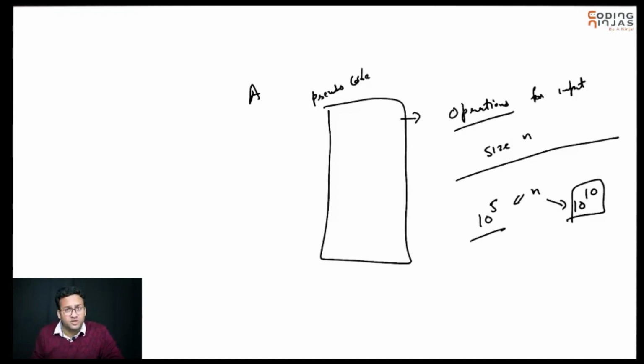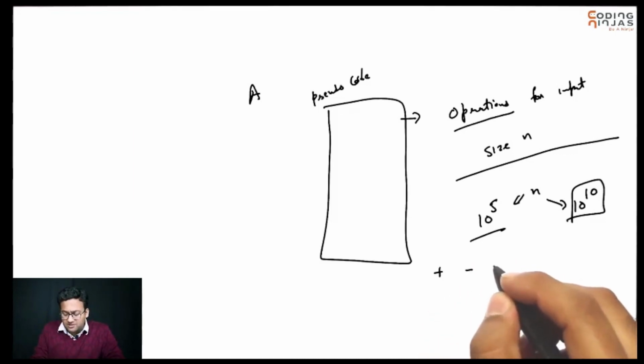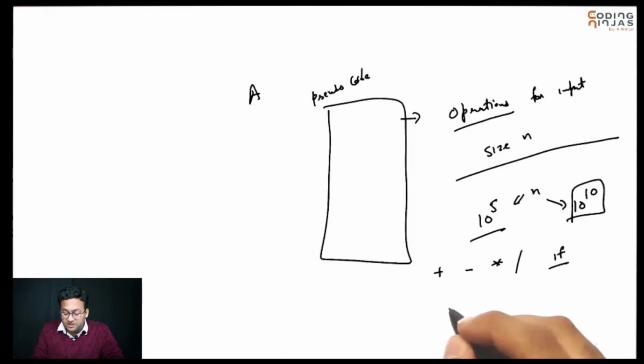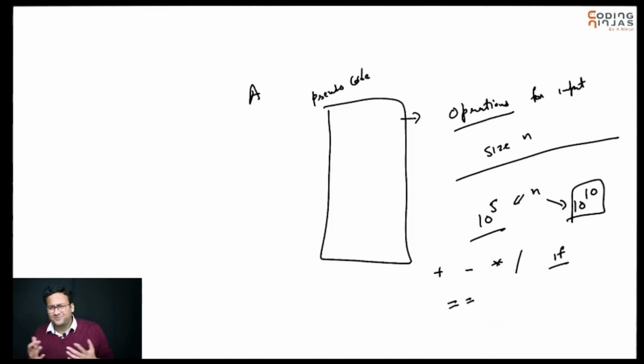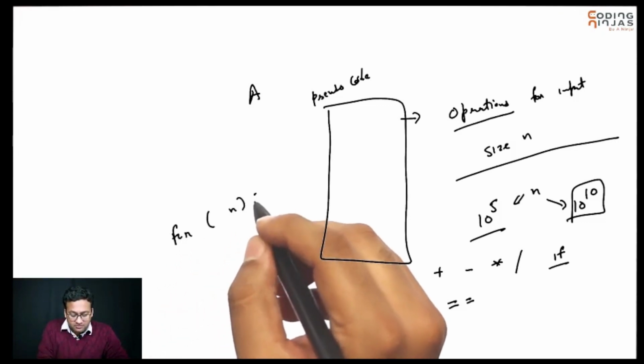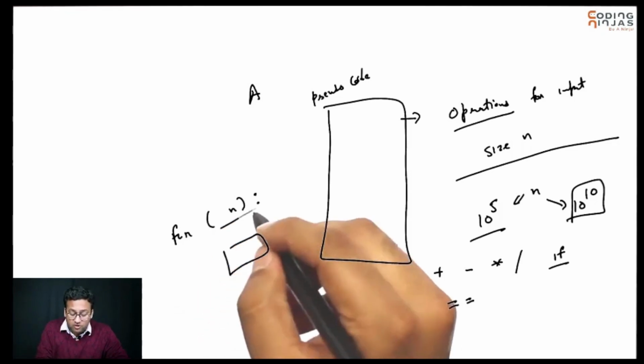And what do I mean by operation? An operation is basically any work like plus, minus, multiplication, divide. If you're checking an if condition, or an equality, all these are very small operations and we consider them as unit operations. Whereas if you have a for loop which is running n times, this is not a single operation.